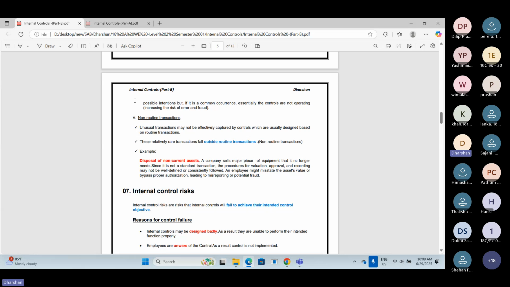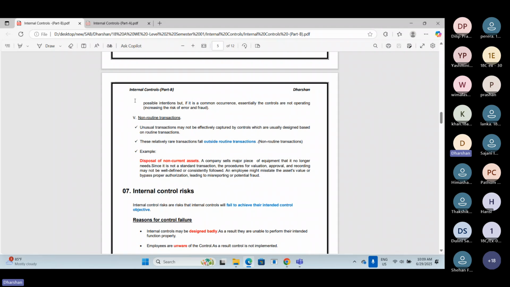Since we don't have strong controls for disposal of property, plant and equipment, when you sell at a huge amount and controls are not implemented, you may not get a proper price for that asset. You may not get a proper price because you don't have internal controls.